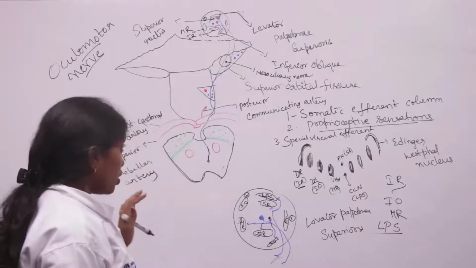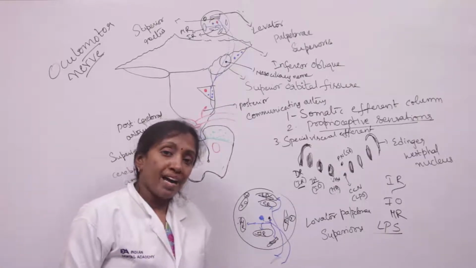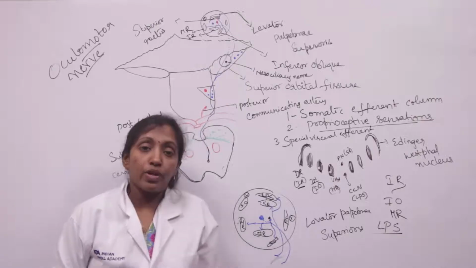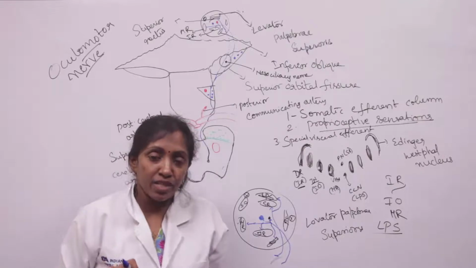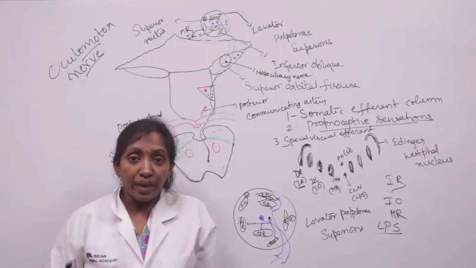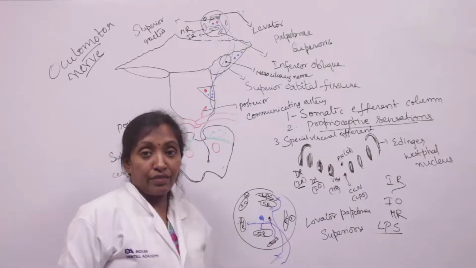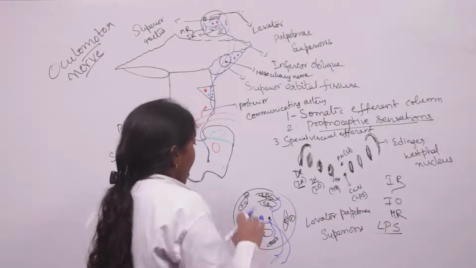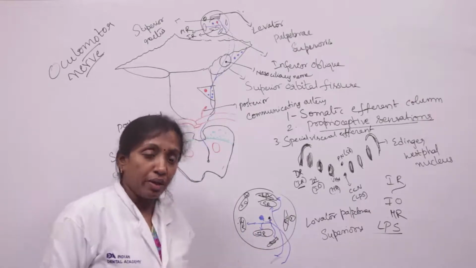So the two divisions of the oculomotor nerve pass through the common tendinous ring of the superior orbital fissure, with the nasociliary nerve between the two divisions. The superior division supplies the superior rectus as well as the levator palpebrae superioris muscle. The inferior division divides into three branches.